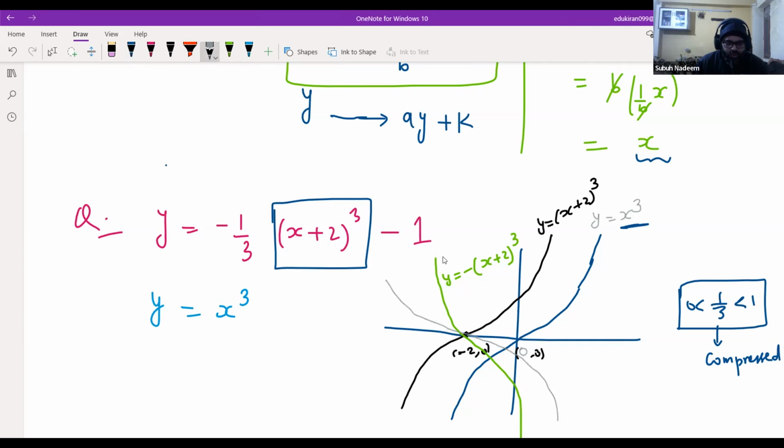If you want to show the point where it is cutting the y-axis, you can show it. So x is equal to 0. This is 0 comma 8, and this point here is 0 comma minus 8, and here it is divided by 3, so the point here will be 0 comma minus 8 by 3.